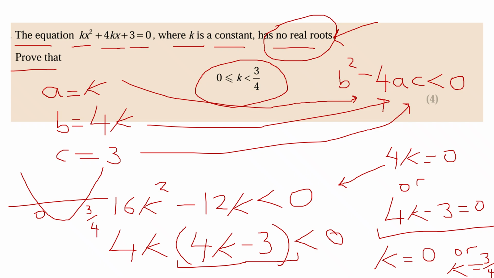This is my x-axis. Don't worry too much about the y-axis, because that's not too important at this stage. All we need to know is, when is this curve, this parabola, below the x-axis? It is below it in this region here, so between 0 and 3/4.